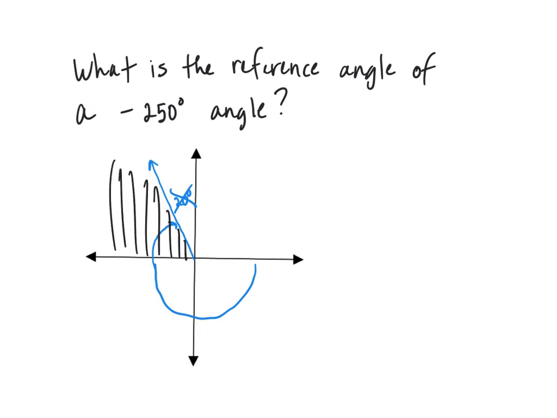It's right in there. So what we have to do is basically 250 subtract 180 is 70. So this angle right here is 70 degrees. In other words, if I go negative 180 and I go negative 70 more in that direction, I get negative 250. The reference angle again is always between the x-axis and the terminal side. And the reference angle is always a positive angle.